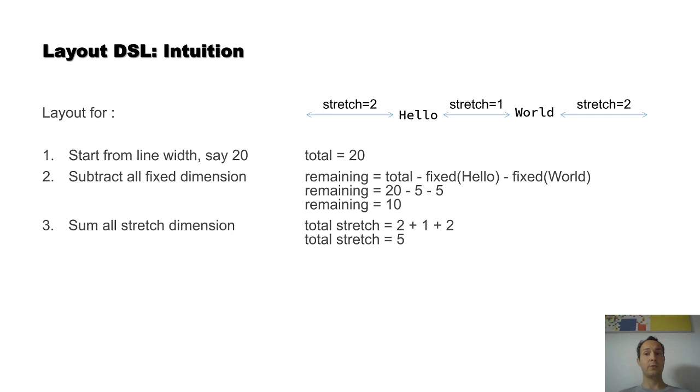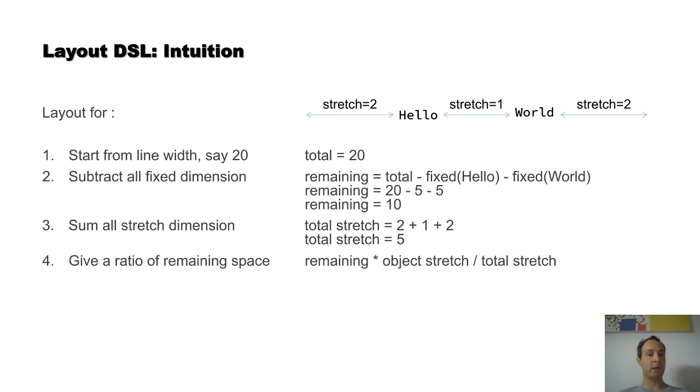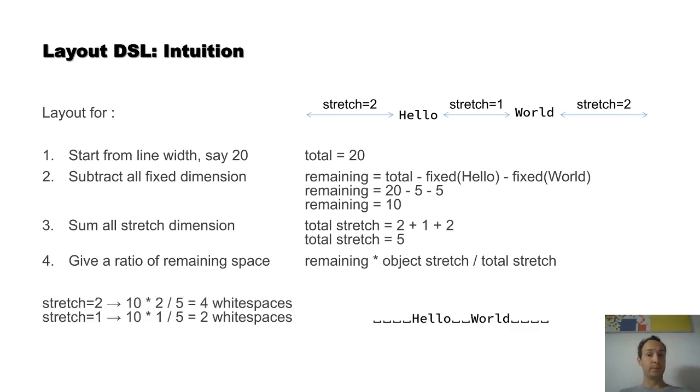For that, we sum the factors. The total strength is 2 plus 2 plus 1 equals 5. So we give each stretchable a share of the space split in 5. 4 white spaces for the ones with strength 2, and 2 white spaces for the other one with strength 1. So here is our final hello world.